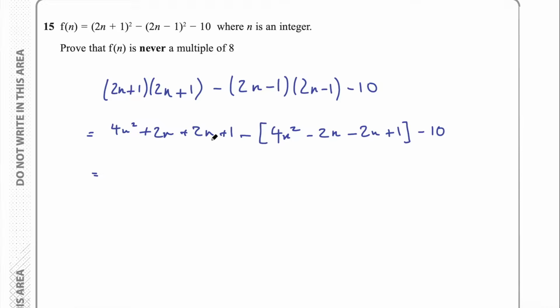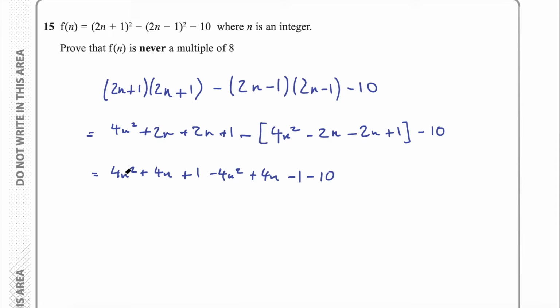Okay, and then I will expand this negative to all of the terms in those brackets. So this is going to be 4n squared plus 4n plus 1 minus 4n squared. Minus 2n is minus 4n, and then multiplied by minus 1, so that'll be plus 4n, and then minus 1 minus 10. Okay, so we can cancel a few things here.